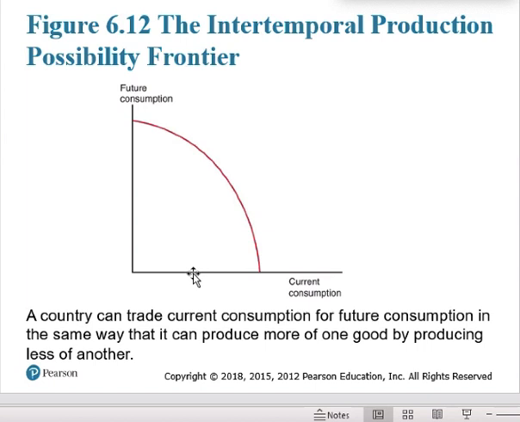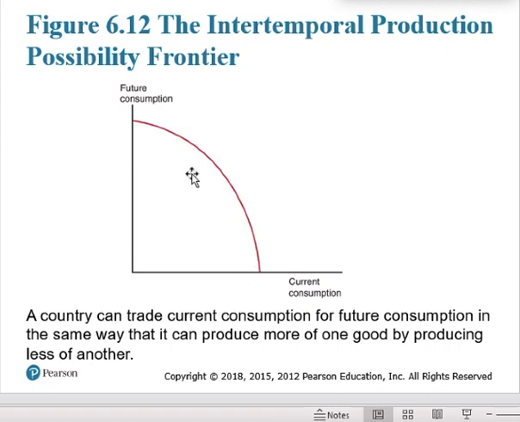A country can trade current consumption for future consumption in the same way that it can produce more of one good by producing less of another good. When you look at the graph here, if you choose to produce at this point, it means you are going to produce this much now and this much in the future. So your future production is going to be lower if you choose to produce at this point.